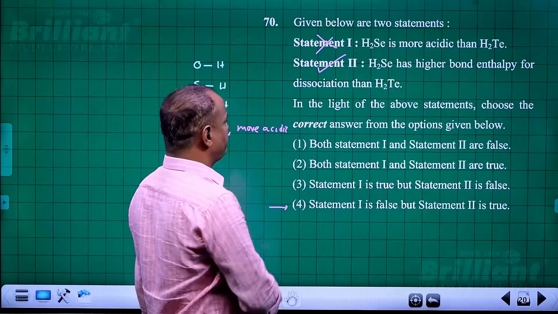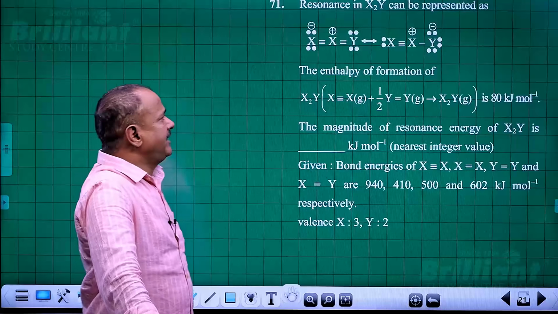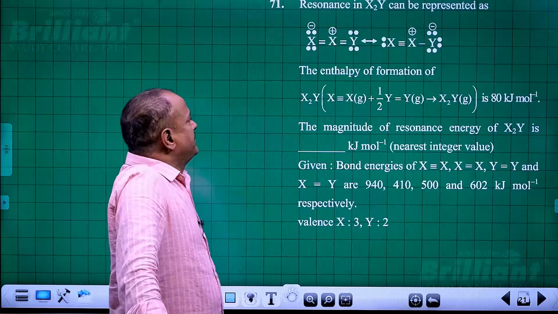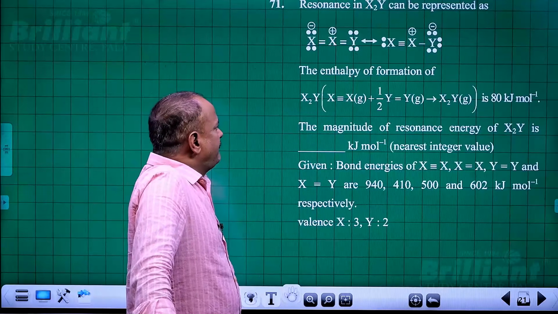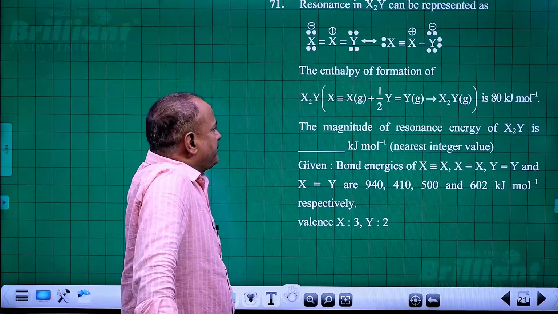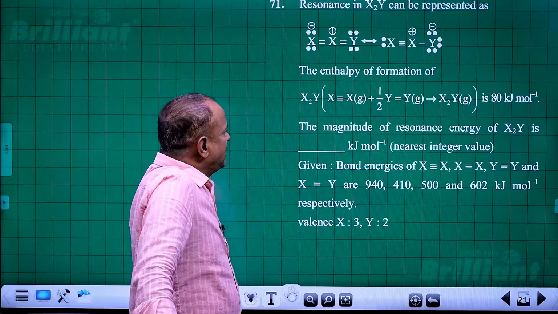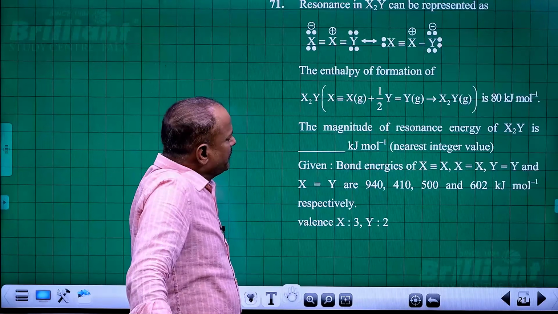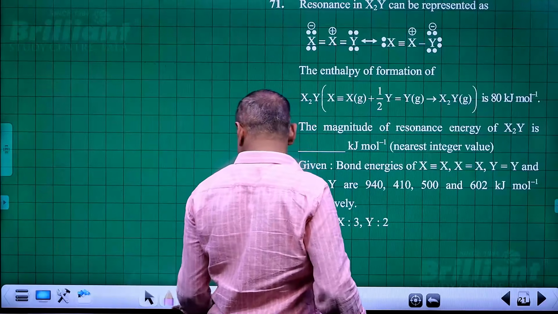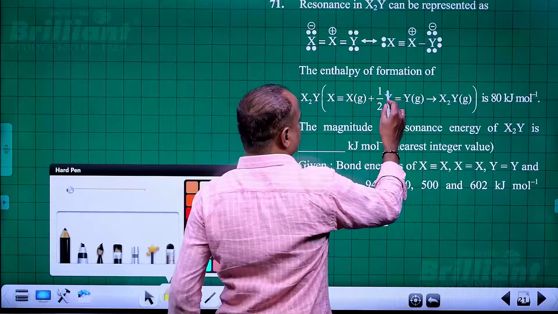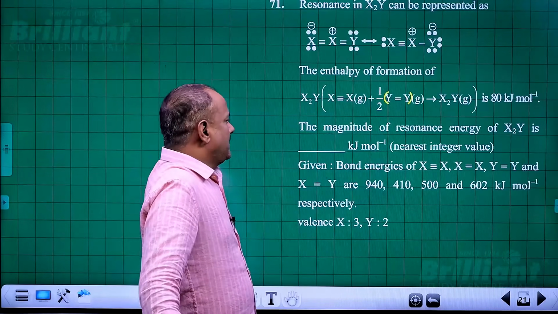Option 4. Okay. Question 71. Resonance energy of X2Y can be represented as. So there is a structure of compound X2Y given. Enthalpy of formation of X2Y: one molecule of X2 plus half of Y2 gives X2Y, 80 kilojoules.